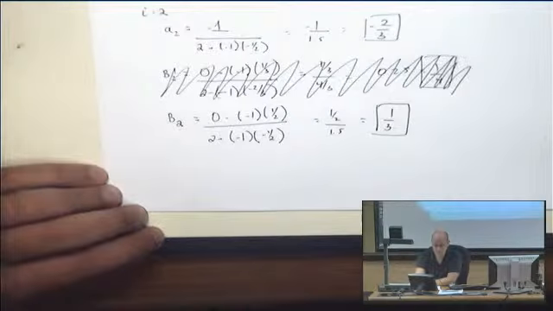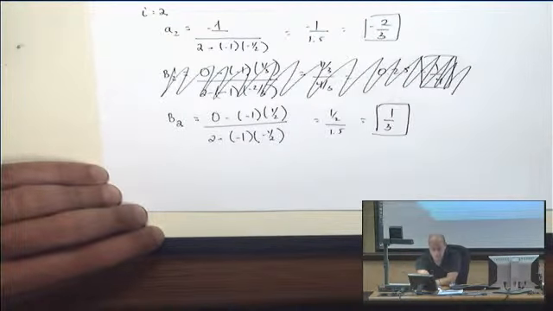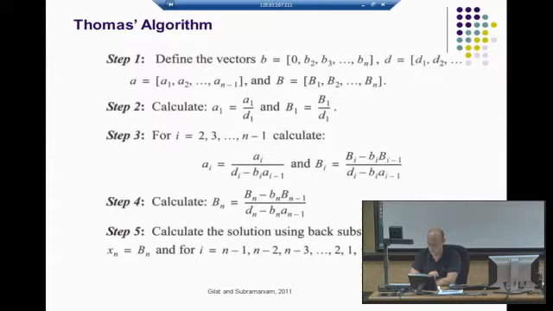That's step 3. So I go from i equal to 2 to n minus 1, so just the second row in this simple case. And I go back to my formula over here, and it says step 4 is to calculate capital Bn.